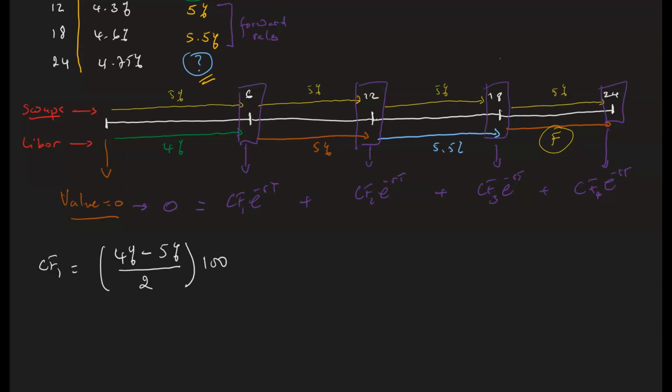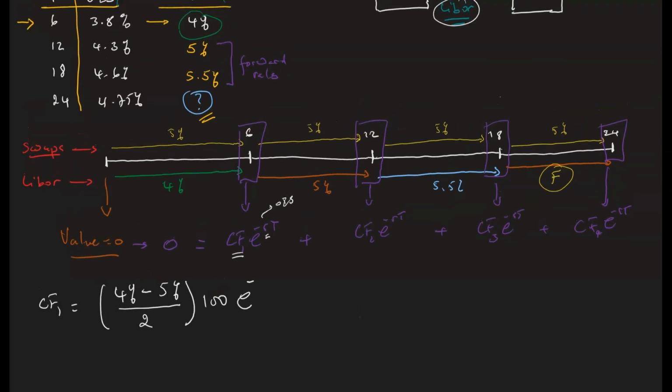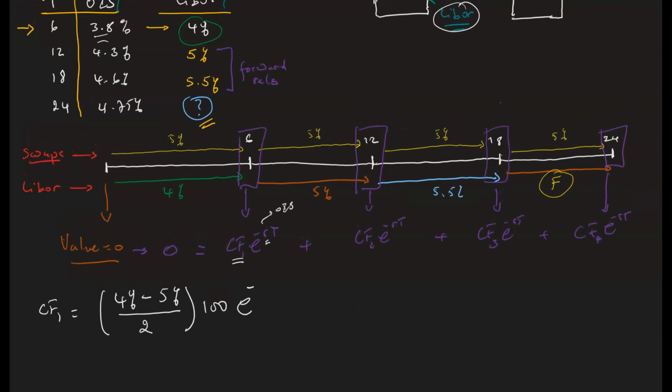Once we have that, we need to find its present value because that's our cash flow. We're going to multiply by the exponential of minus the rate that we're using to discount here, which is our OIS rate. And our OIS rate for a maturity of 6 months is going to be 3.8%.